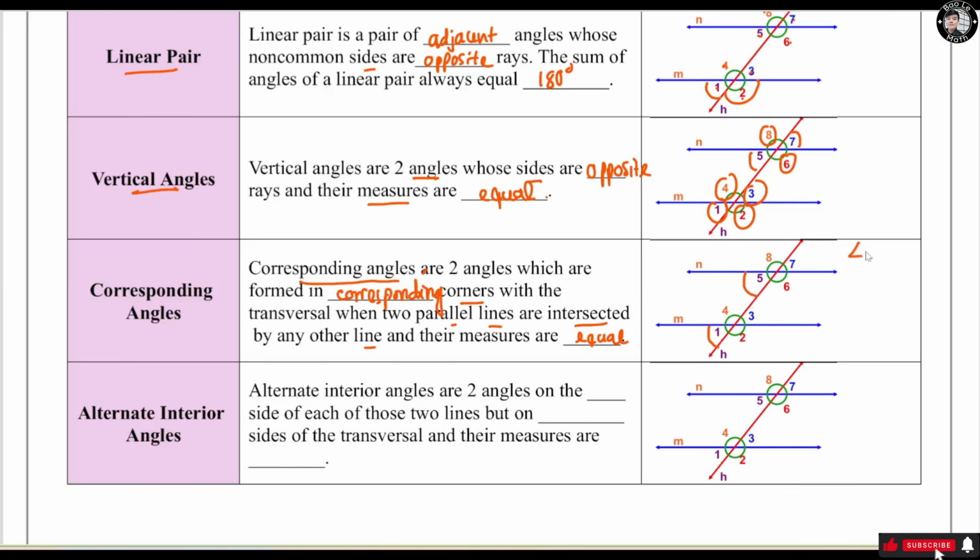So angle 1 is congruent to angle 5. Angle 4, angle 8, angle 2 and angle 6, angle 3 and angle 7.